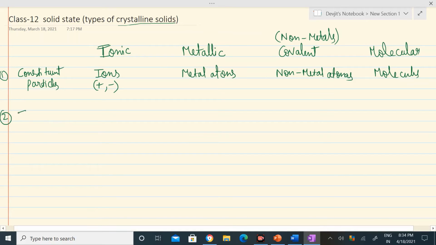So, force of attraction in ions, with two charges, positive and negative: what kind of force of attraction will they develop? Electrostatic force of attraction. I hope you all know that. Opposite charges attract each other by electrostatic force of attraction.